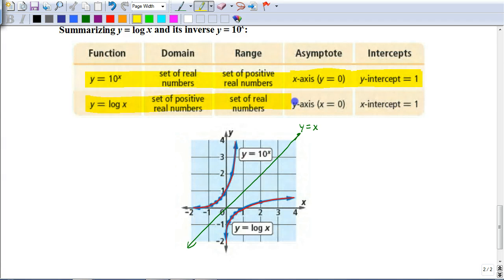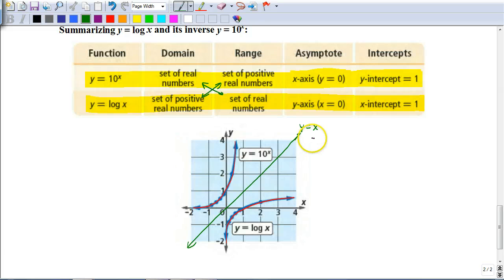When we have the same thing in logarithm form, so the inverse of that, remember what we talked about with inverses: the domain is going to switch with the range. So now the inverse, y equals log of x, is going to have a domain of the set of all positive real numbers and a range of all real numbers.